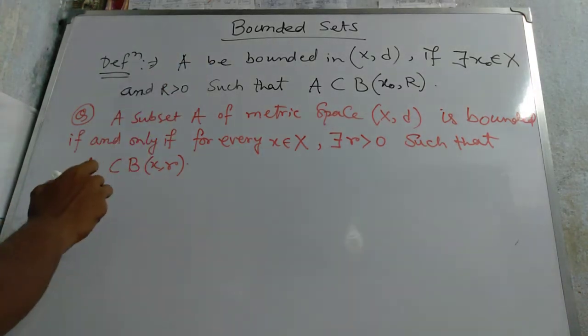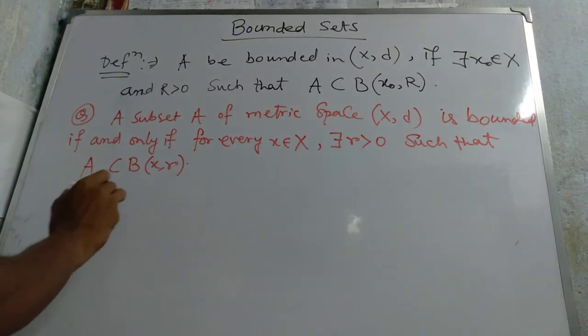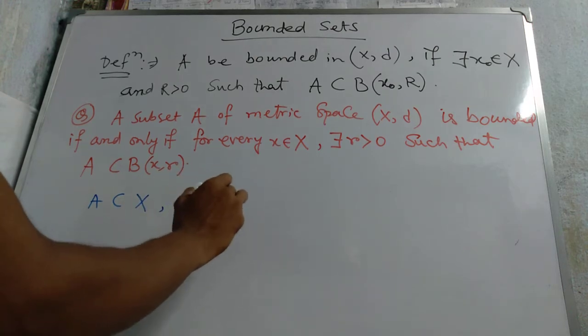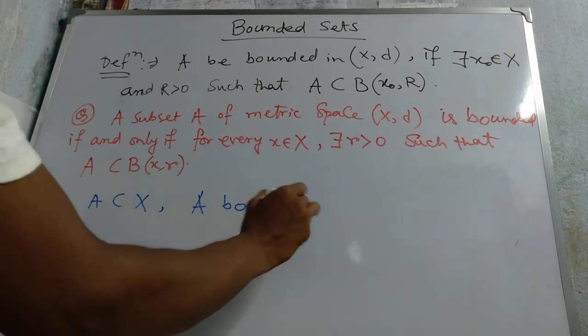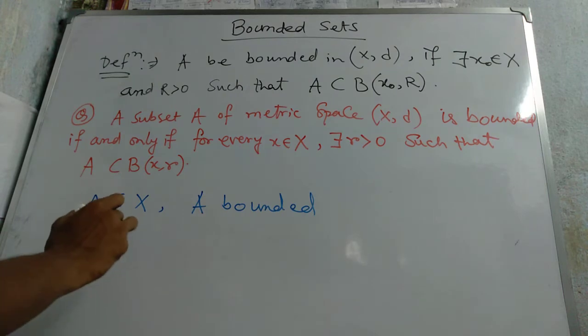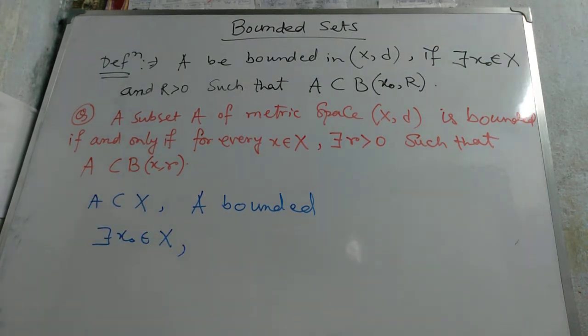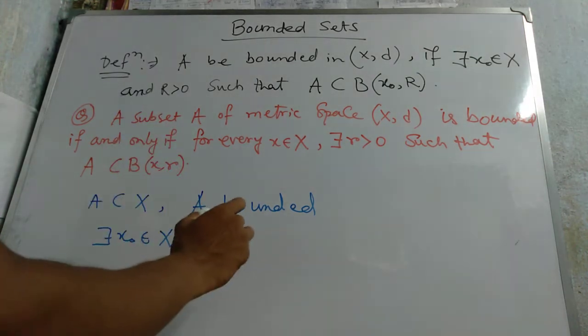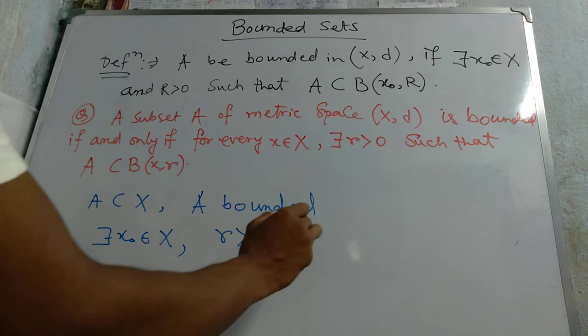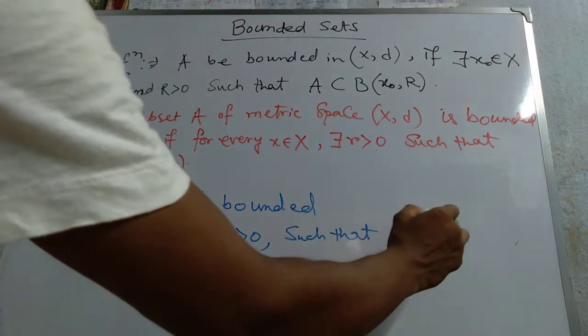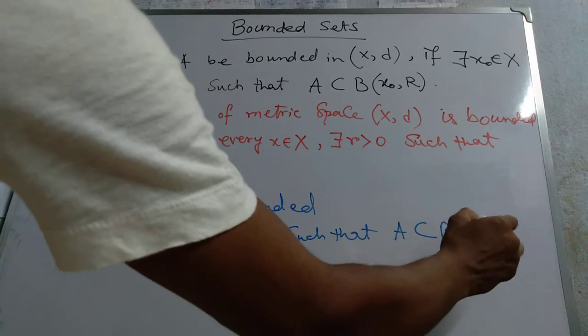We know that A subset of X being bounded implies that there exists x0 belongs to X and obviously one r greater than 0 such that A is a subset of B(x, r).